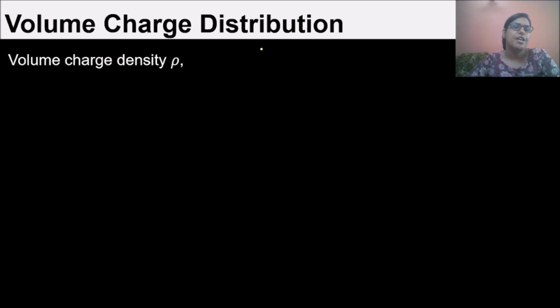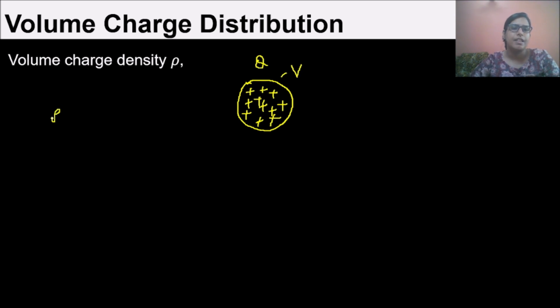Similarly, the volume charge distribution: suppose there is a sphere or a cylinder and the charge is distributed uniformly over the sphere, and suppose the total charge is Q and the volume of this sphere is V, then we can say the volume charge density is Q upon V. Right.